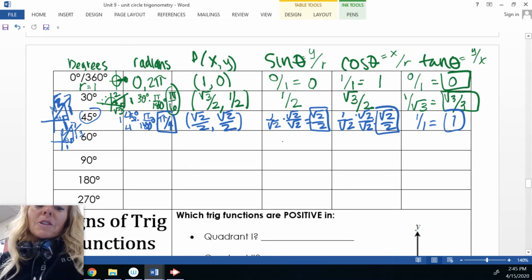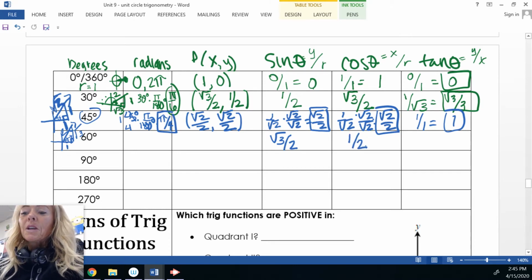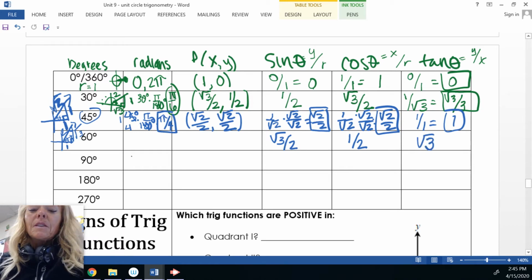So again, I'm going to go over to sine. Sine is opposite, which is right there, radical 3 over 2. Cosine is adjacent 1 over hypotenuse 2, and tangent is y over x, opposite over adjacent, which is radical 3 over 1. Not too bad.